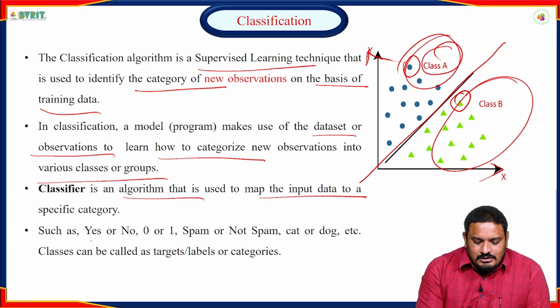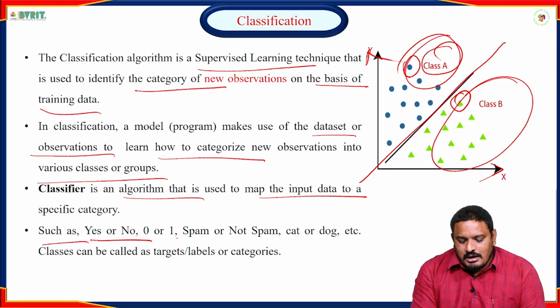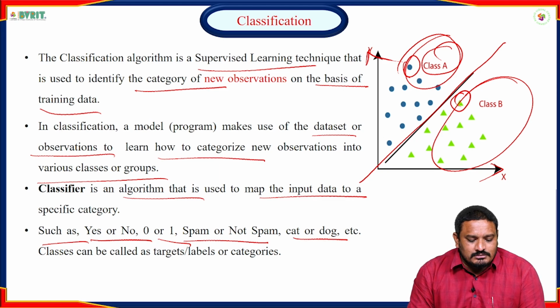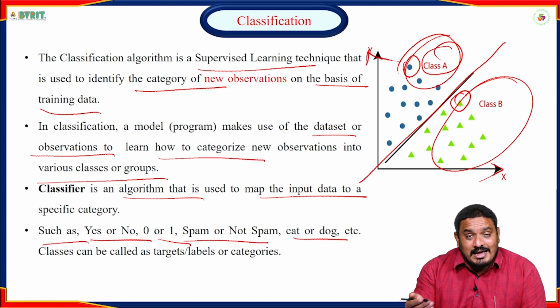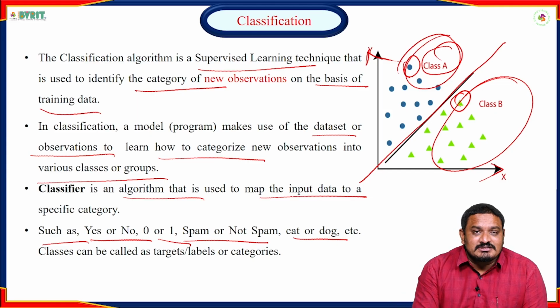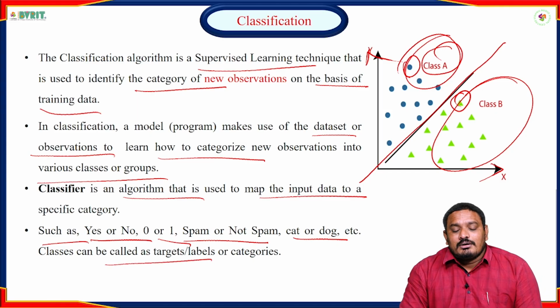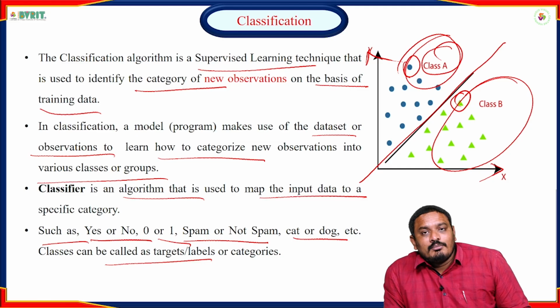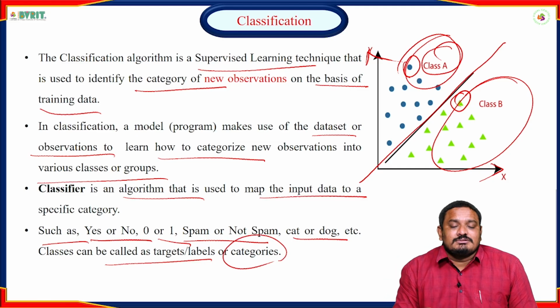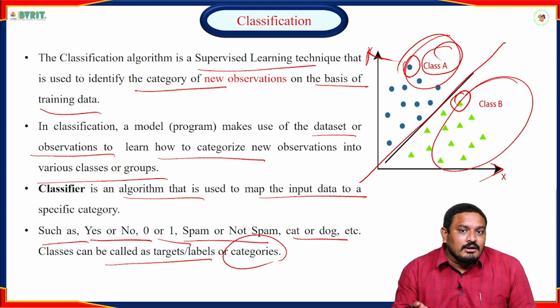It can be yes or no, or 0 or 1, or spam or not spam, whether cat or dog, that can be classified. These classes are called targets or labels or categories.